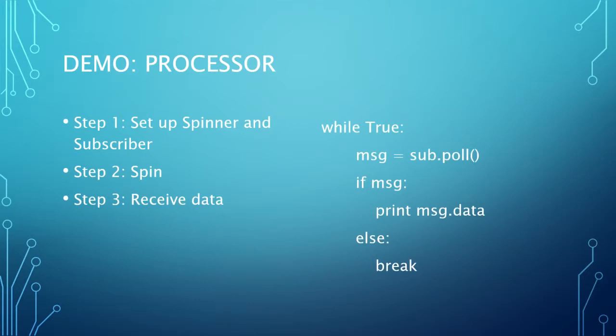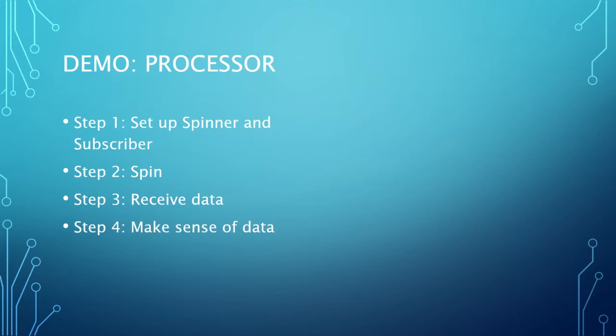We do this via a loop that runs until the sub.pull method returns nothing. Finally, we make sense of the data. This could really be done in any manner relevant to the actual project. We could take the averages, we could run them as parameters for a simulation, really anything.